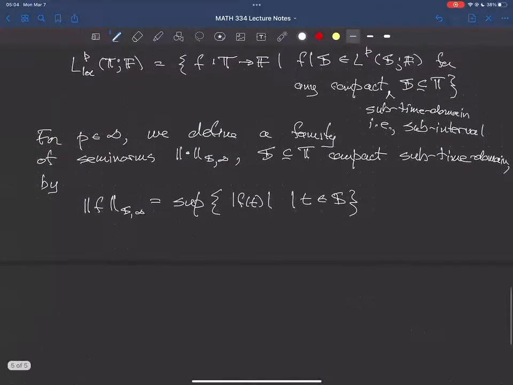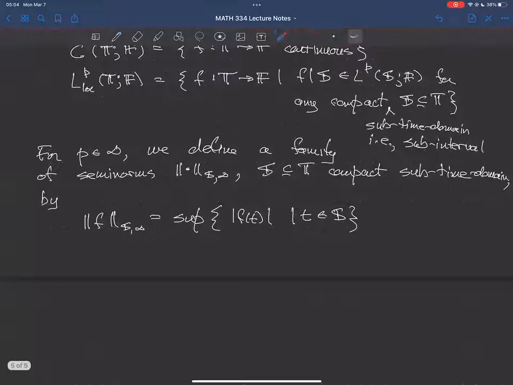Now notice that this is well defined because F is continuous still, and so when you restrict F to S, as we're doing inside the sup, that resulting continuous function on the compact interval S will be bounded.